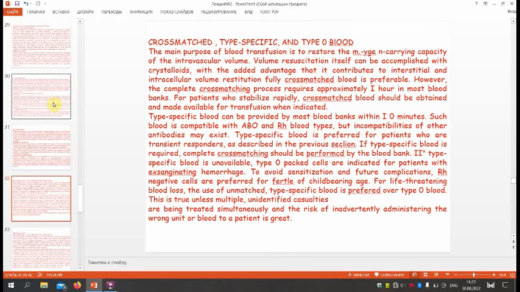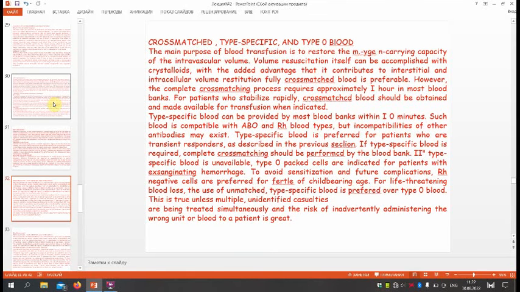Cross-match, type-specific, and type O blood. The main purpose of blood transfusion is to restore oxygen-carrying capacity of the intravascular volume. Volume resuscitation itself can be accomplished with crystalloids, with the added advantage that it contributes to interstitial and intracellular volume restitution.